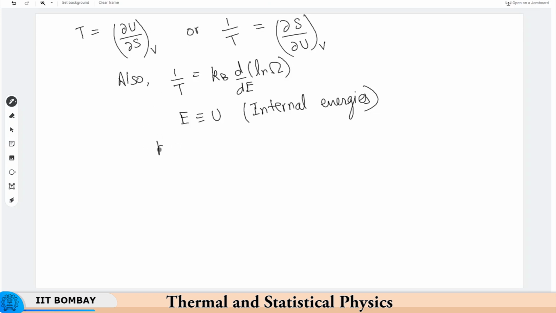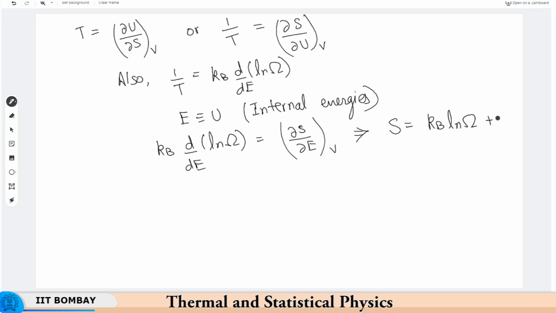So Kb times d by dE of log omega equals del S by del E. I am just replacing U with E here at constant volume. You can see that these differentials cancel out, and we can express our entropy. If we integrate it out, we get entropy, which is Kb times log omega plus some constant c.